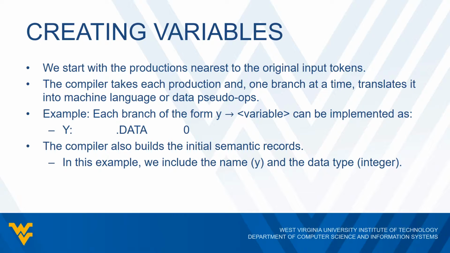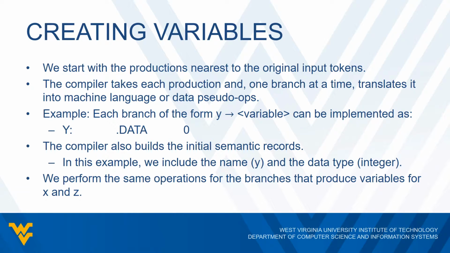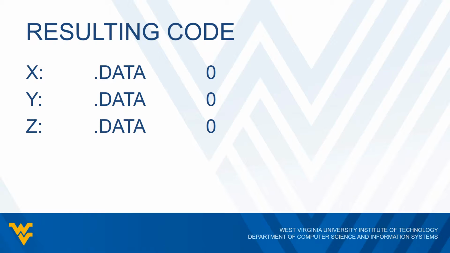So then identical operations would be done for the branches of the parse tree that produce the non-terminal variable for symbols x and z. So once we've done that for x, y, and z, we would get the following code. So these would be the pseudo-ops for variables x, y, and z in our assembly language.